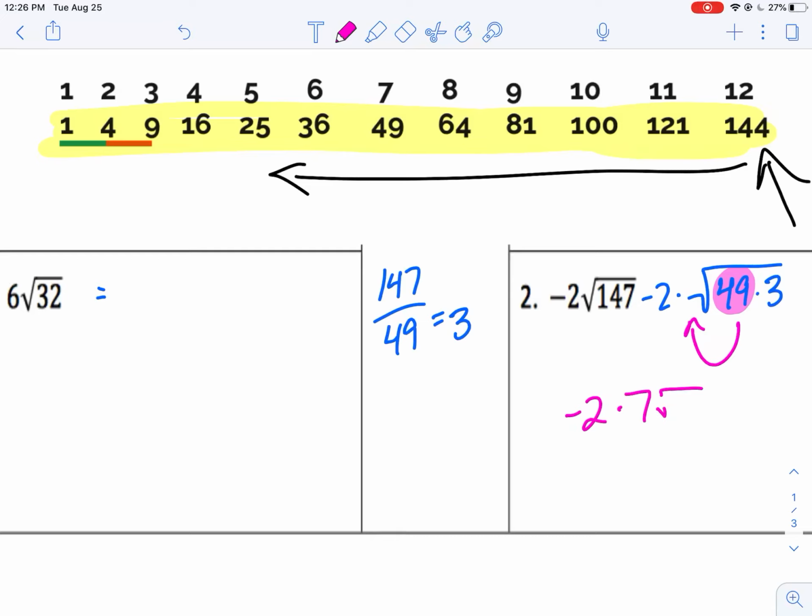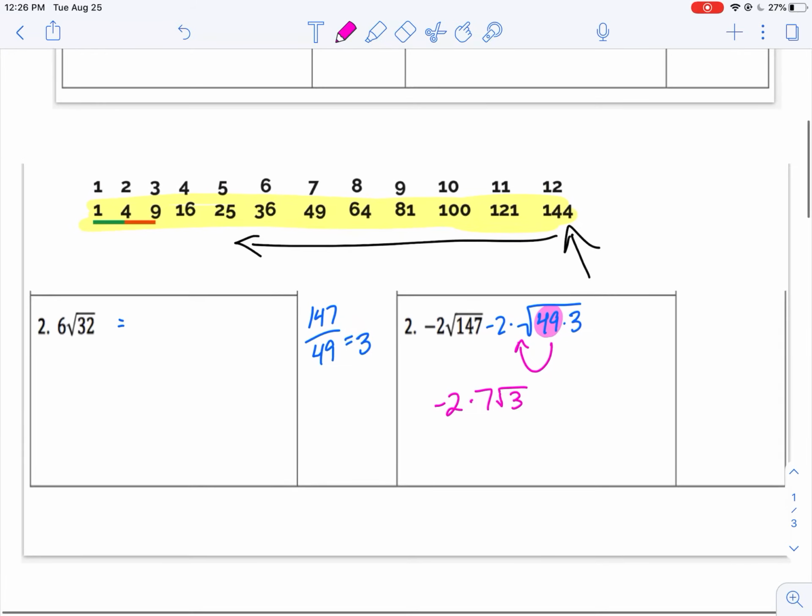And then what's left over in the radical is just this 3. So now I've got -2 times 7 root 3. So my final answer would be -14 root 3.